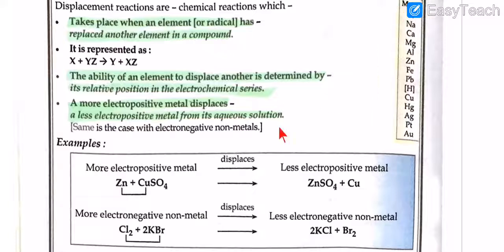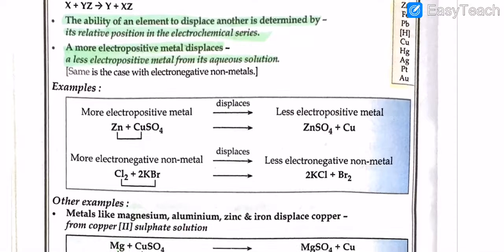It has the most power of all, so it is very clear that it can displace this, right? So a more electronegative non-metal displaces a less electronegative non-metal. Now in this case, if you want to ignore this K, Cl and Br are non-metals. So Cl is a more electronegative non-metal. So it displaces Br.